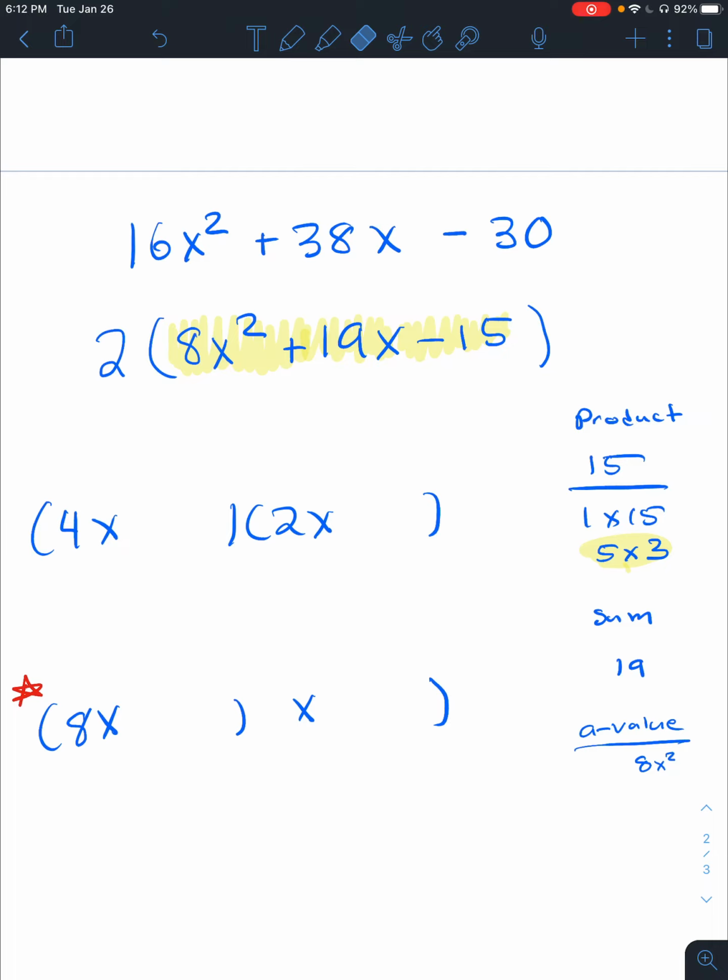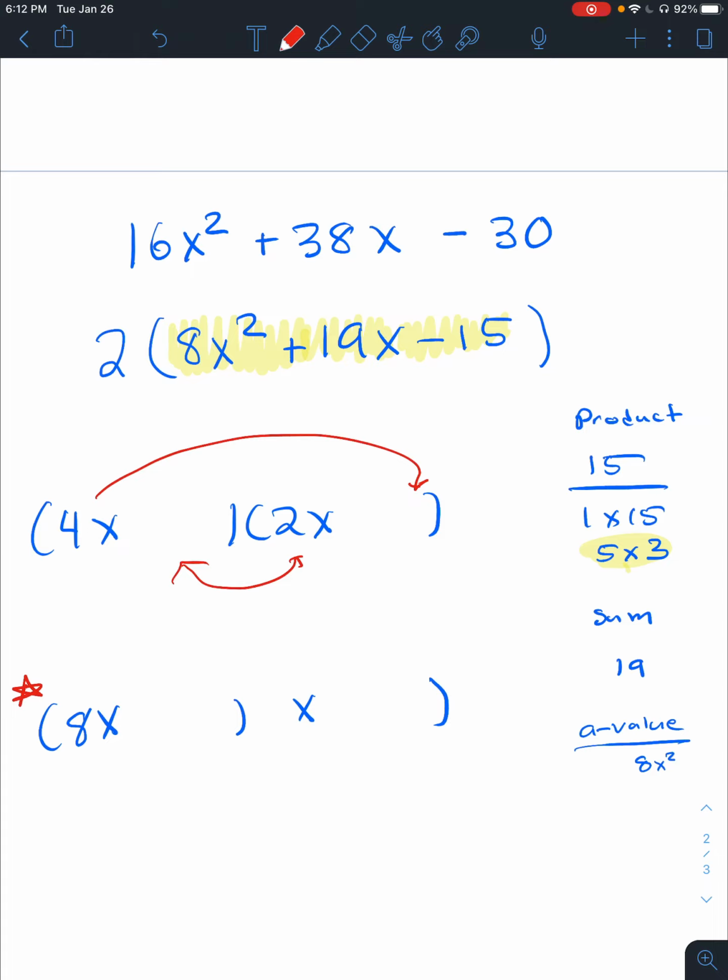But if you asked me at the beginning of this video, I would not have tried 1 and 15 first, just because 15 is too big. 15 just affects this problem in a way that makes it hard. So I'm going to try 5 and 3. In your head, it is just hard to visualize, 4 times this times this.